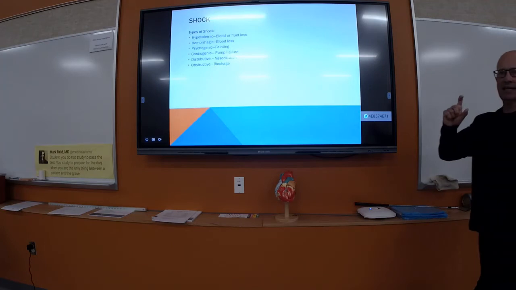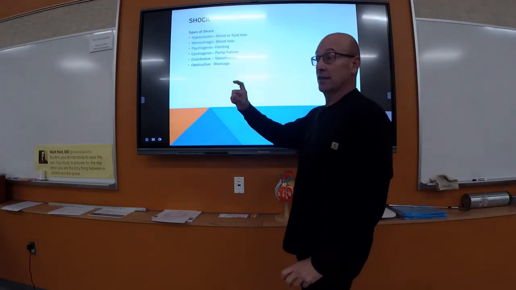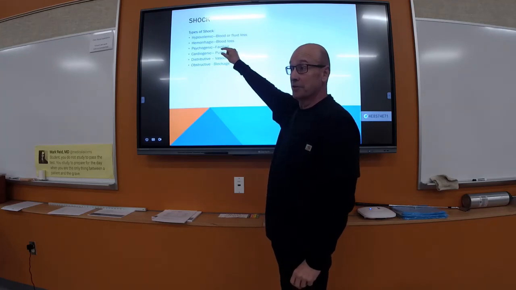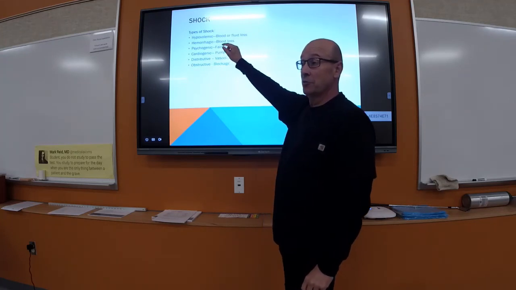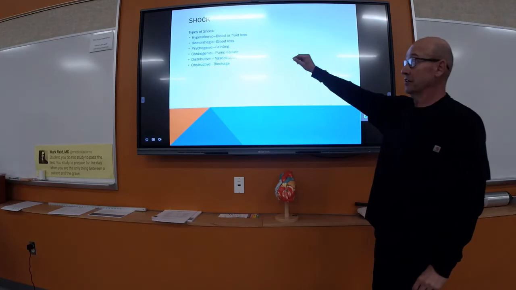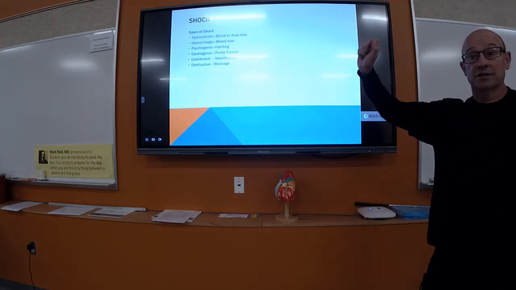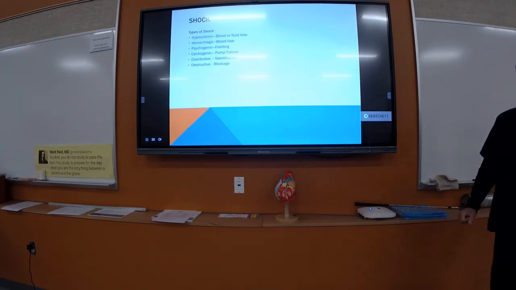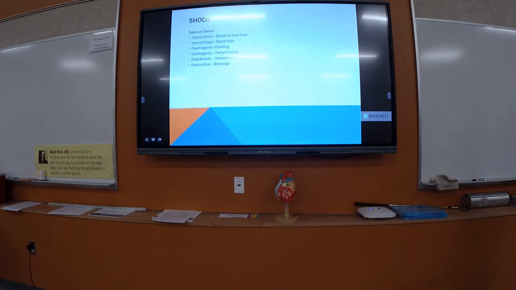The key component in all of these is a drop in blood pressure. You will note on a test question that the patient's in shock when the systolic blood pressure is below 100. The other sign that you will see in shock is a sustained tachycardia.